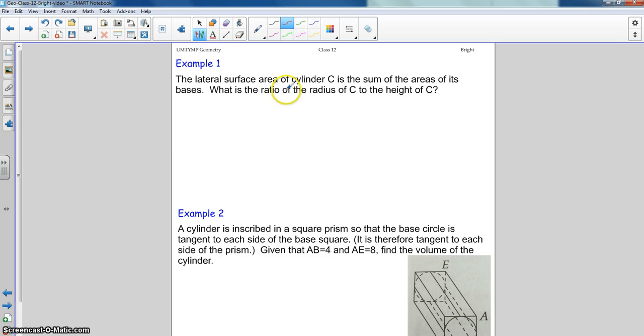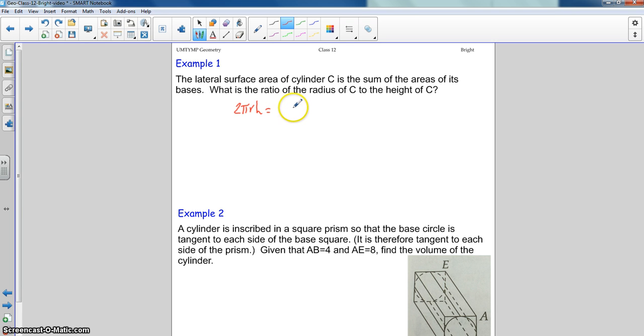Okay, some quick examples. I know that the lateral surface area of a cylinder C is the sum of the areas of its bases. So let's write that statement out. Lateral surface area is 2 pi r h, and that is the sum of the areas of its bases.